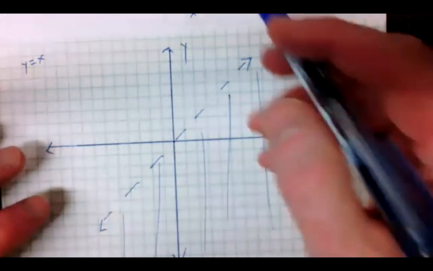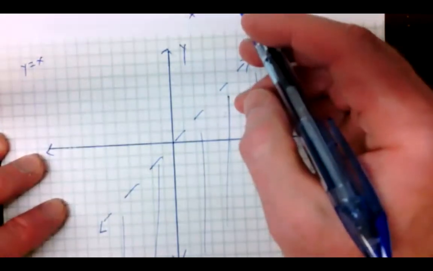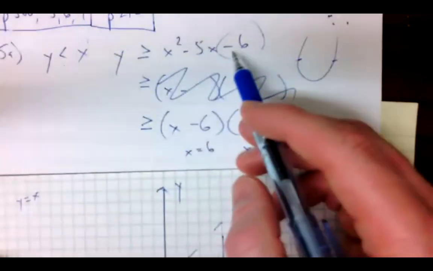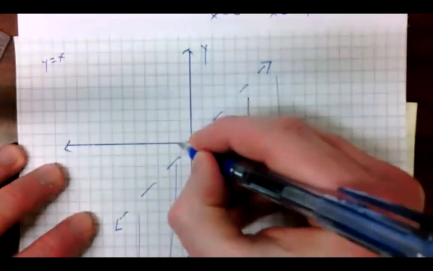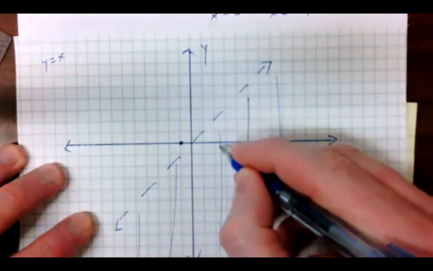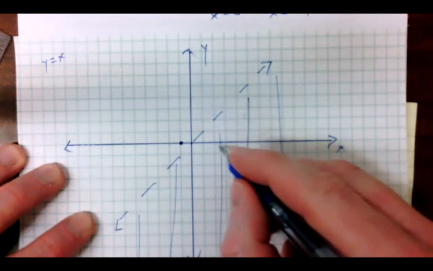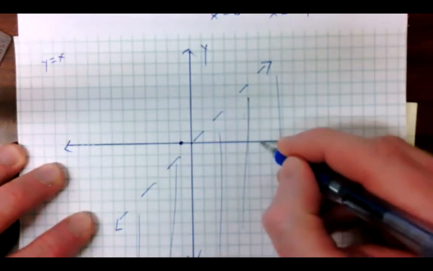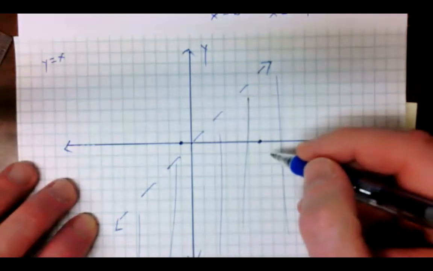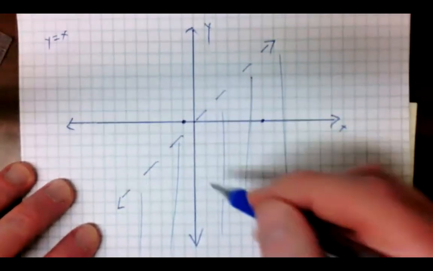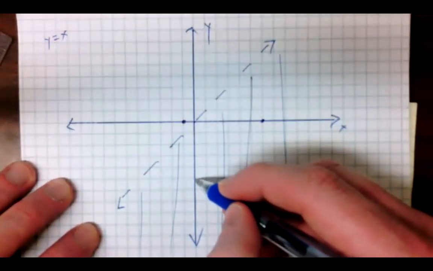And then with our other one, we know that the y-intercept is -6 and the x-intercepts are 6 and -1. So it's going to go through here and it's going to go through 1, 2, 3, 4, 5, 6. And then the y-intercept is -6, 1, 2, 3, 4, 5, 6.